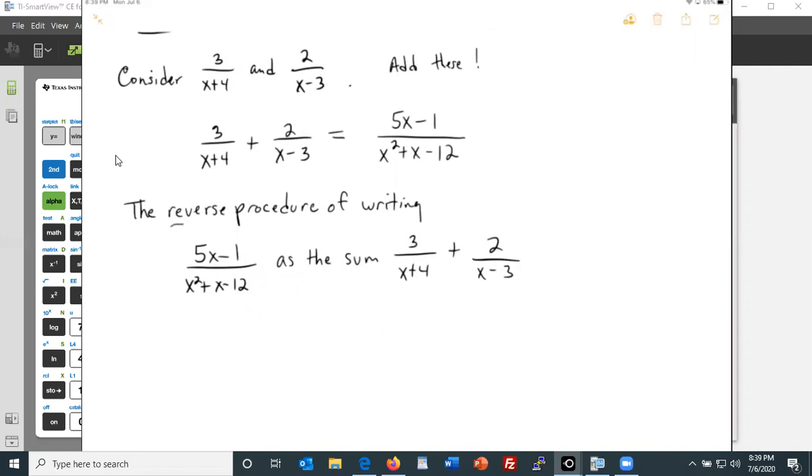So this reverse procedure of writing the answer as a sum of two smaller, simpler fractions is called partial fraction decomposition.